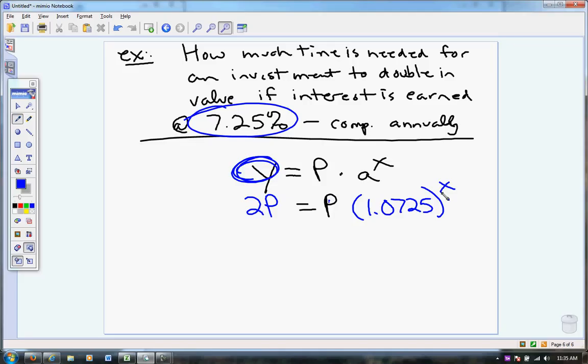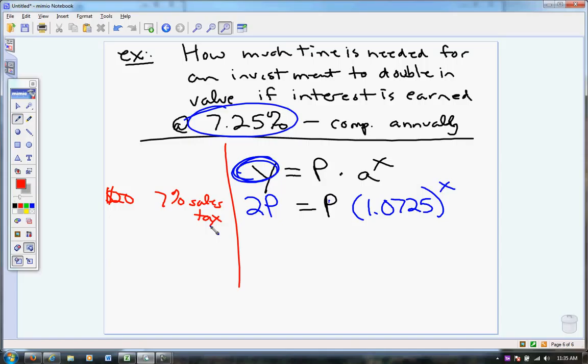The best way that I can explain that is to think of sales tax. You go to Walmart, you buy something for 20 bucks, with 7% sales tax. How do you find out your total amount?